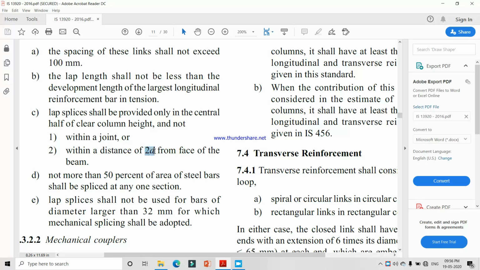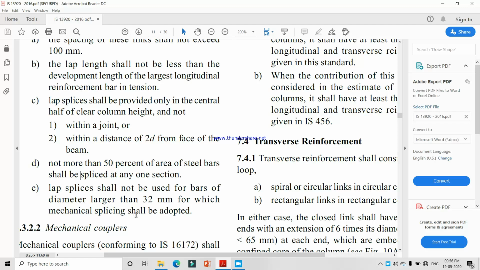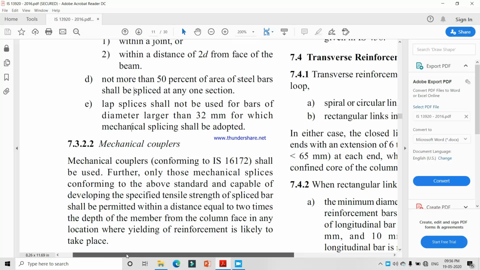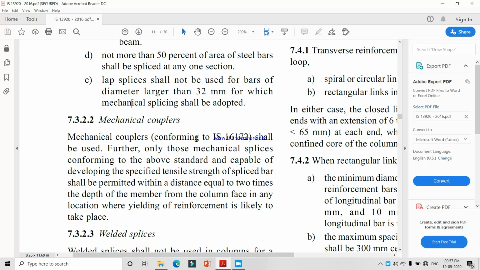We have to provide 2d distance from the face of the beam, and at each time 50% of the steel bar is spliced. We don't need to splice 100% of the area, and for bars greater than 32 mm diameter, mechanical splices shall be adopted. We can also use a mechanical coupler. Mechanical coupler classification is provided in IS 16172.